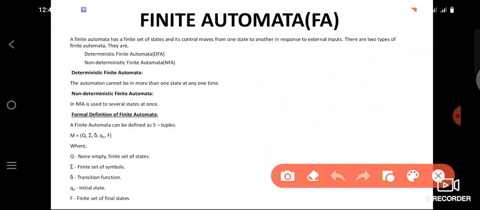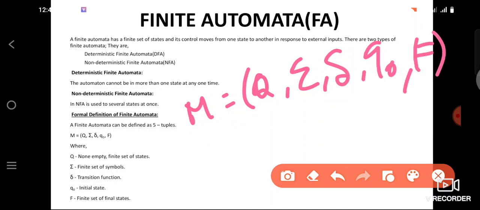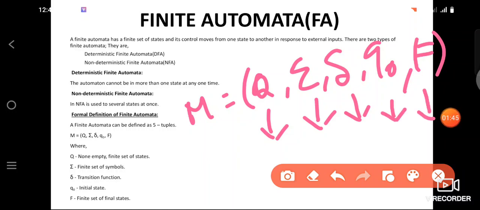It is represented by M is equal to Q, sigma, delta, Q0 and F. Q is the set of states, sigma is the set of input symbols, delta is the transition function, Q0 is the initial state, F is the final state.